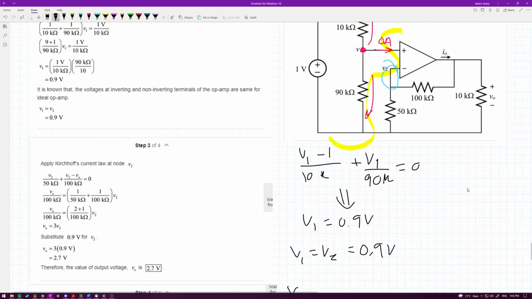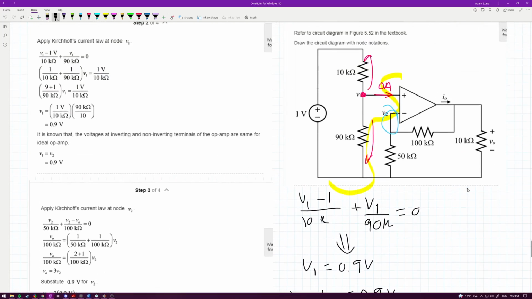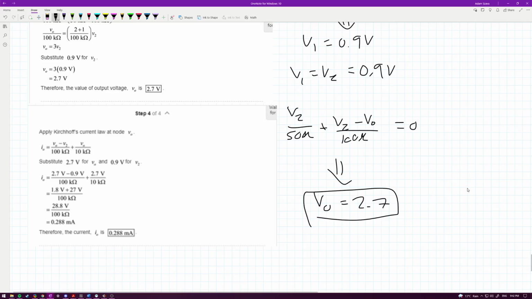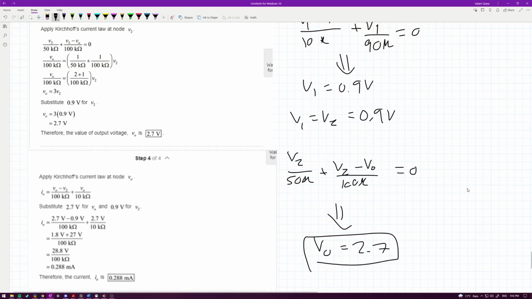And now that we know VO, we can find I by doing current division. No, that doesn't make sense. Can we do current division? No, just apply Kirchhoff's current law. Yeah, okay.